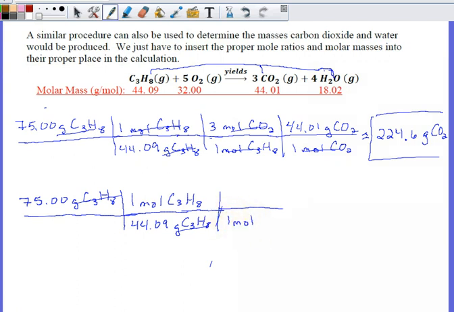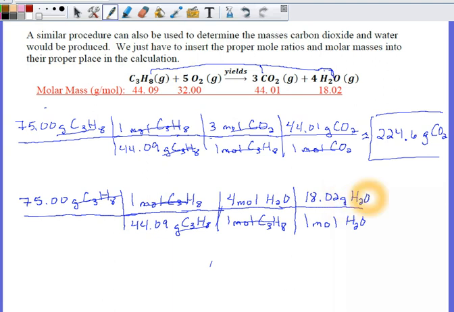So 1 mole from my balanced equation for that, and 4 moles of water. And now I'm talking about water. So the molar mass of water is 18.02 grams of water. And I'm going to do the exact same thing in my calculator.